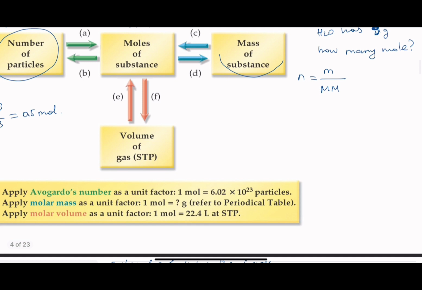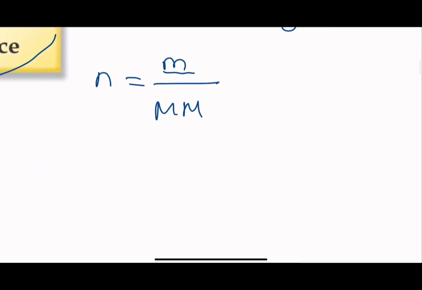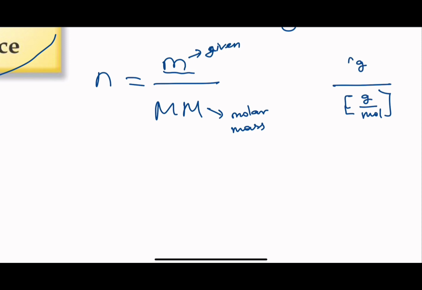So I'm going to write the units of this. The mass is the given mass, and this is the molar mass. Molar mass has the unit gram per mole, and mass has the unit of gram.